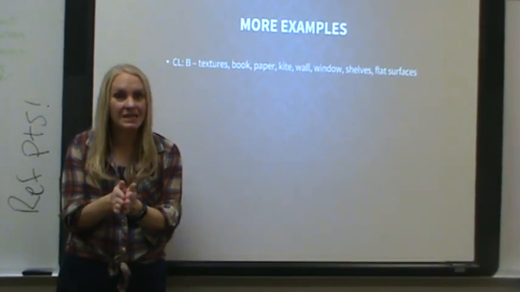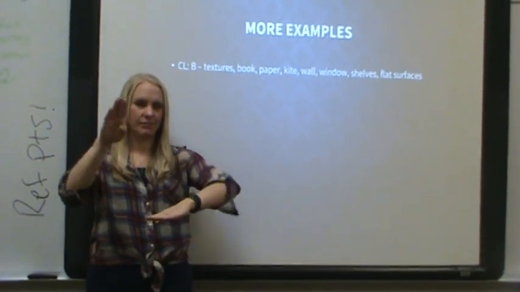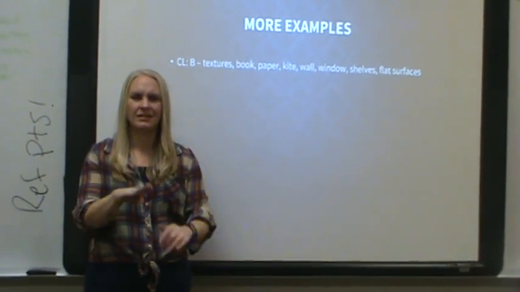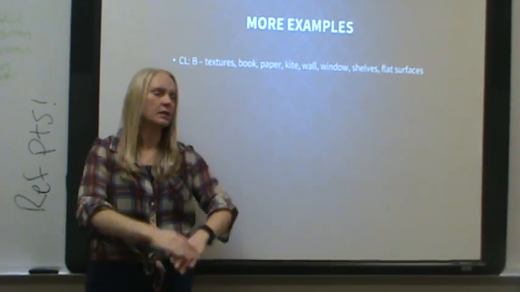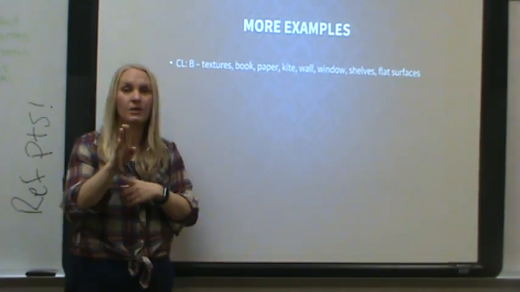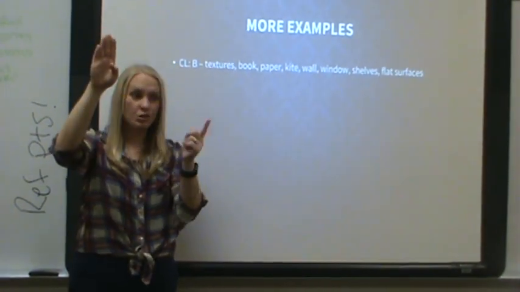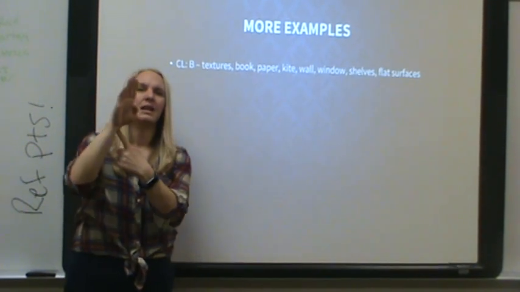Now it's not saying signed book, it's a book. It's flat. So the table and the book. Same with paper, a kite. The string itself is a classifier. It's representing the string.